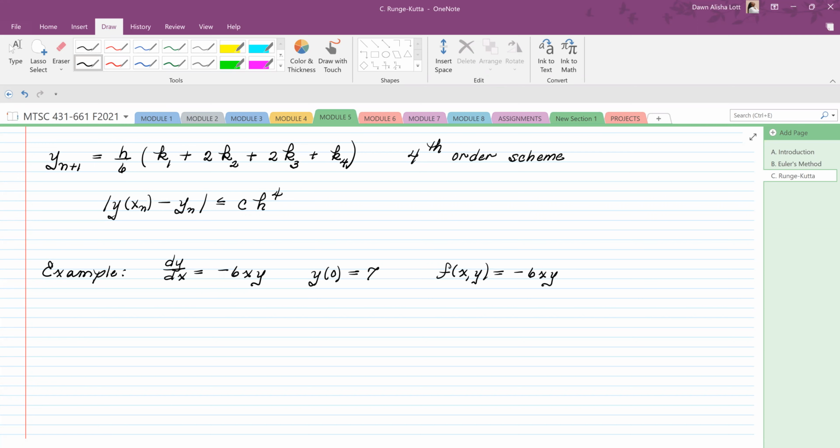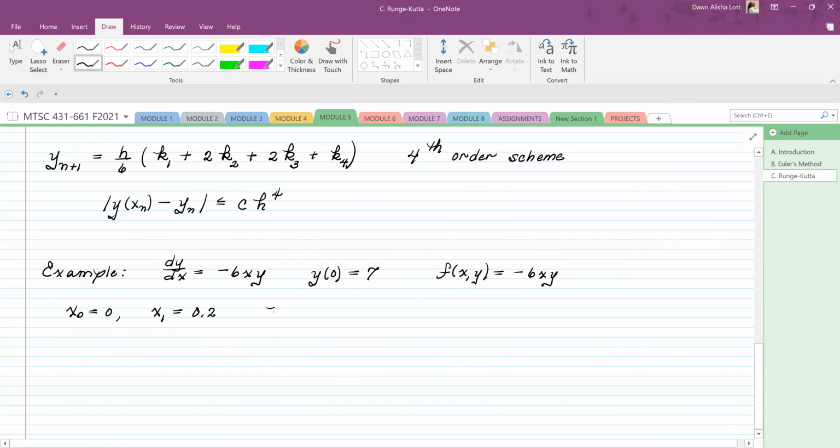Okay, so the first thing you need to do is to compute K1. So we know that x naught is equal to 0. And let's say we're going to go to x1 is equal to 0.2.